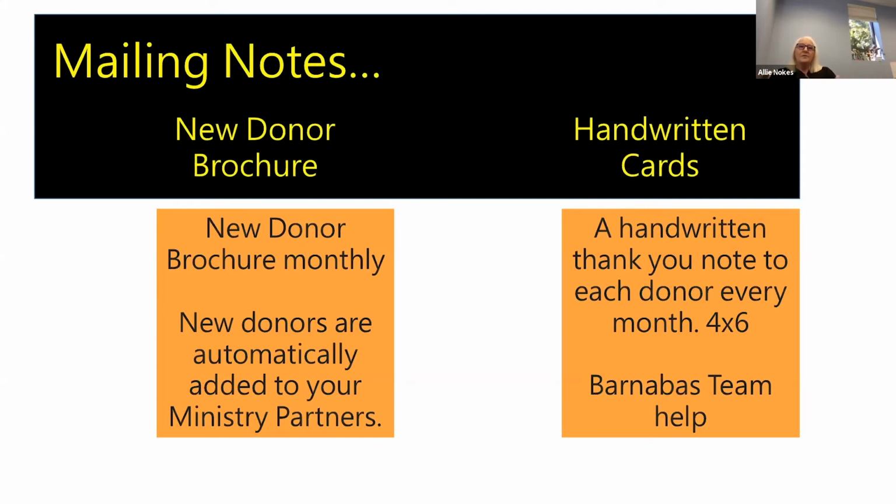And all of your donors will get that brochure the first time they make a donation. If they're on the list and they haven't made a donation, they don't get that little brochure. But as you add people to your ministry partners, then they get that brochure, and it just lets them know who we are and why you're with us. So it's a little information about Global. We also encourage you to do thank you cards.